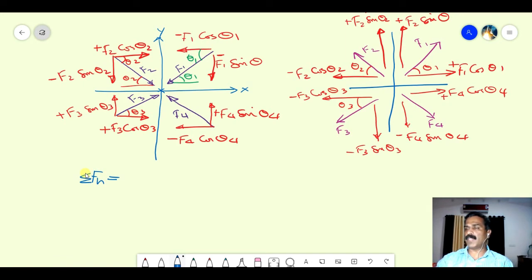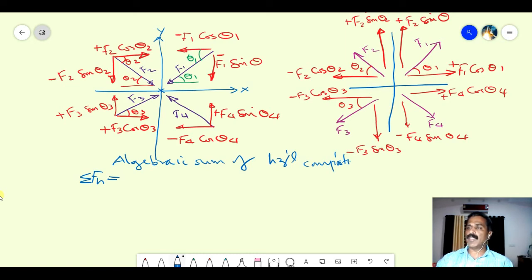Sigma Fh is the algebraic sum of horizontal components. Here in this case, the algebraic sum of the horizontal components. I hope you know what algebraic sum means. You have to consider the sign also, the sign of the quantities also.